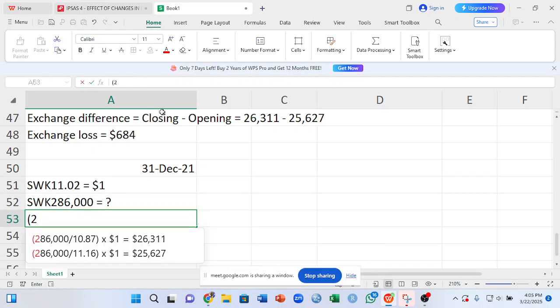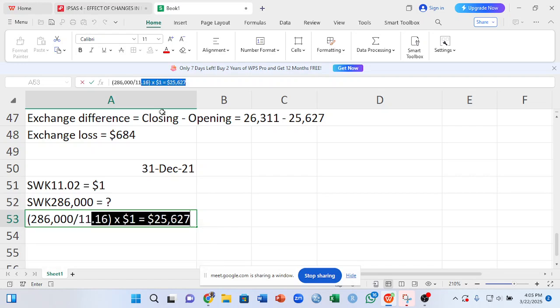We do the exchange, and if it's more or less, divide. So what do we get for this one? 25,953.